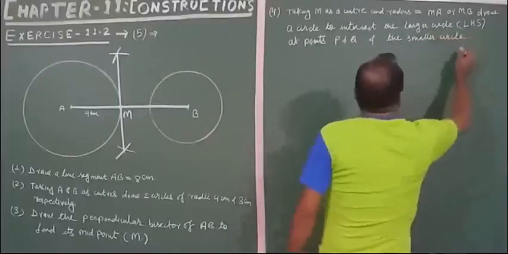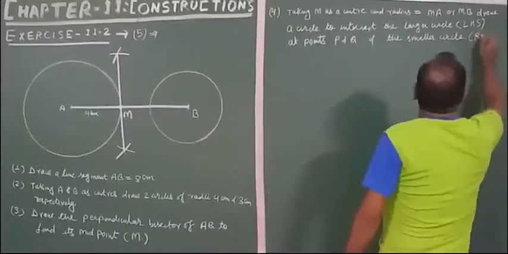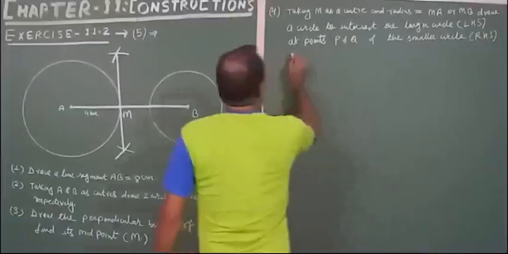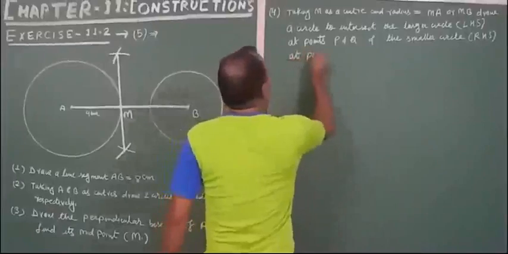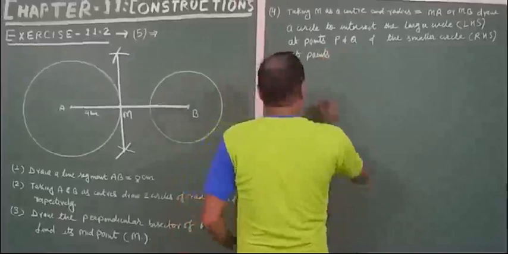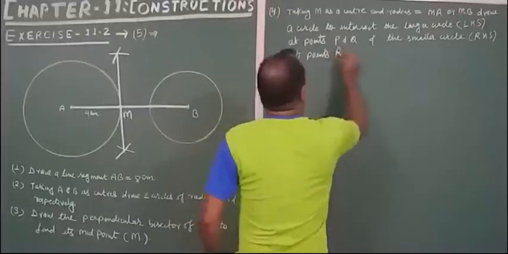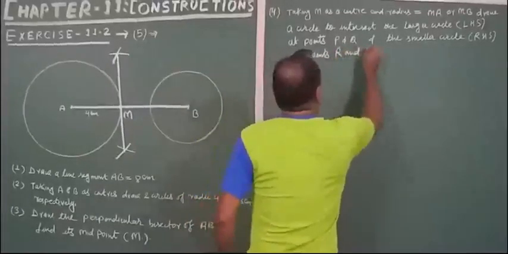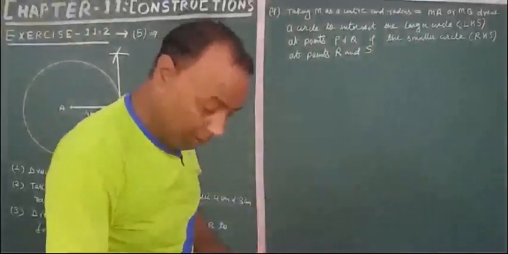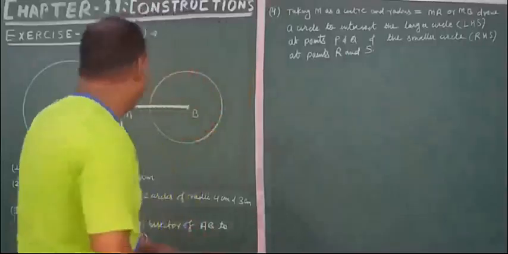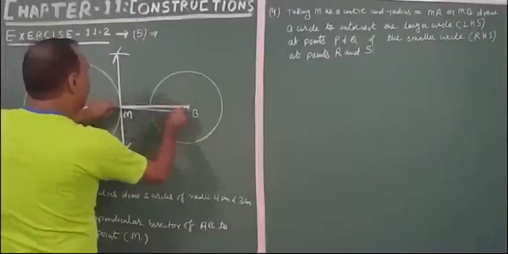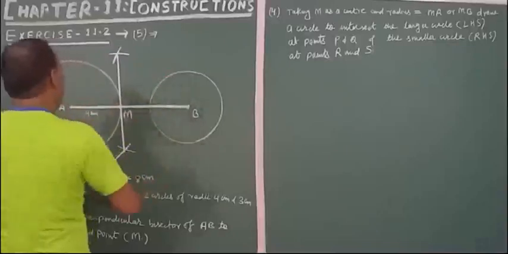And the smaller circle which is at the right hand side at points R and S. Now we will take this M as a center and draw a circle to intersect this.